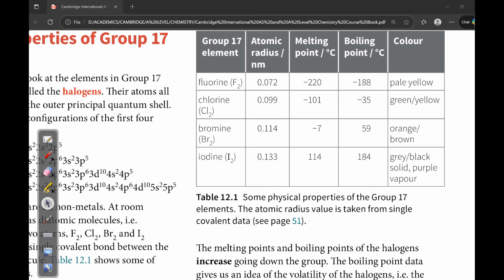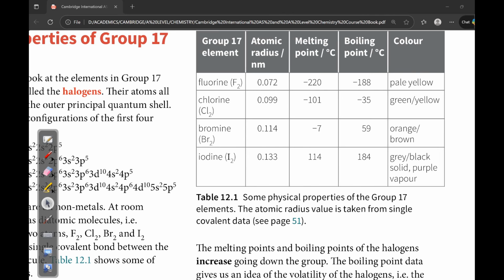Now, when we come to this one here, we have to look at the forces of attraction holding these molecules. The easier you break them, the more volatile that compound. Now, look at what we are having here. The melting points keep on increasing as you go down the group. Because of that, the van der Waals forces of attraction in iodine are bigger than these other ones that are up.